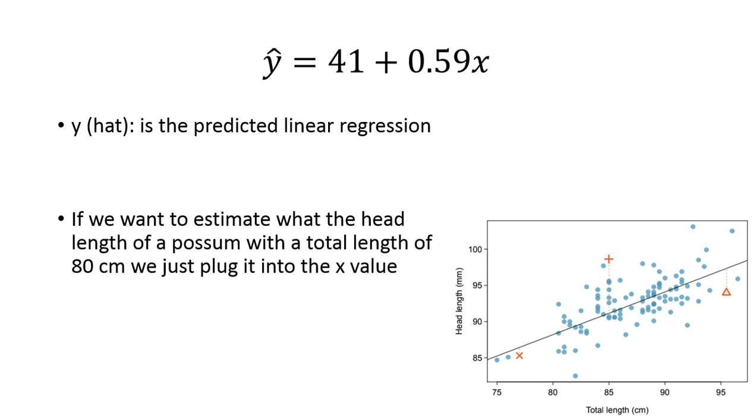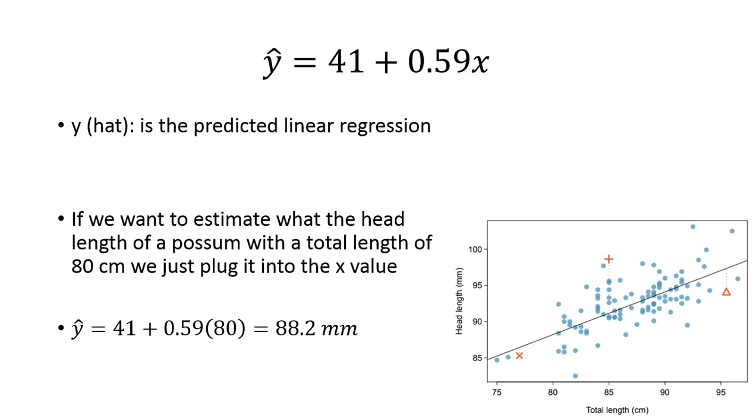If we want to estimate the head length of a possum if the total length is 80 centimeters, all we have to do is plug in the x. So we plug 80 in for x and solve it. So what would be the head length of a possum whose total length was 80? It would be about 88.2 millimeters.